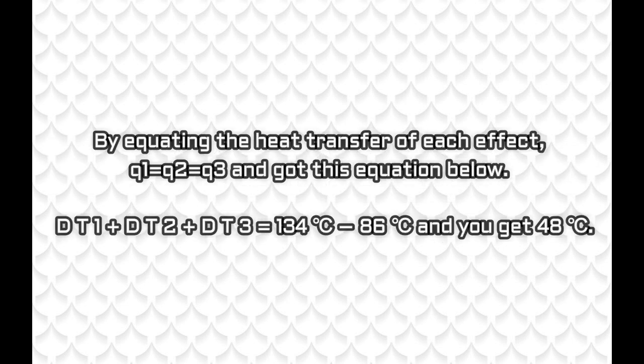By equating the heat transfer in each effect, Q1 equals Q2 equals Q3, I got this equation below. And dt1 plus dt2 plus dt3 equals 134 degrees Celsius minus 86 degrees Celsius, and you can get 48 degrees Celsius.